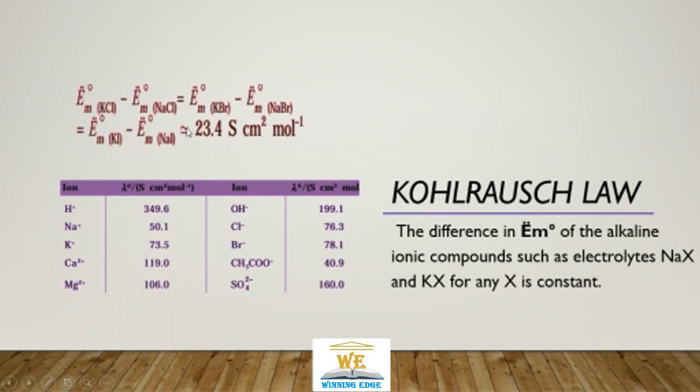Iodide also is different, so it's almost constant because the difference is only between potassium and sodium, which is 23.4. If we subtract potassium minus sodium here, it is 23.4 only, the same. So it explains how we can use individual ions to calculate the total conductivity of a particular electrolyte.